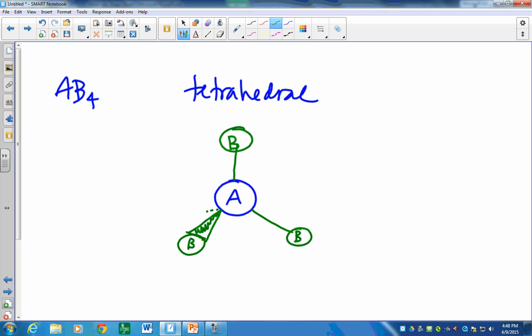If they want to indicate that it goes in back of the plane, they draw dots, which means it goes back. You can see that it kind of has a trigonal base, because it's a tripod. And if each of these connects, this is supposed to look like a tetrahedron, from your math class. I think it would be better if the wedge was out here. But AB4 is tetrahedral.